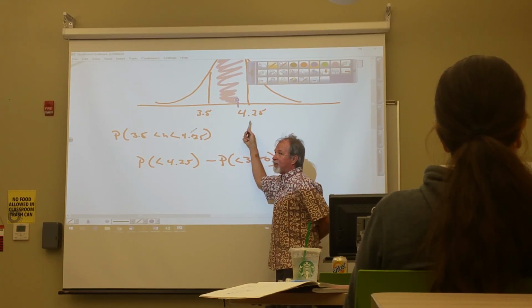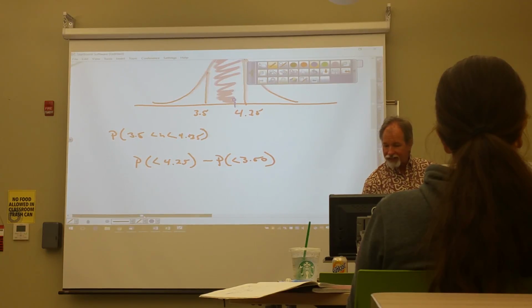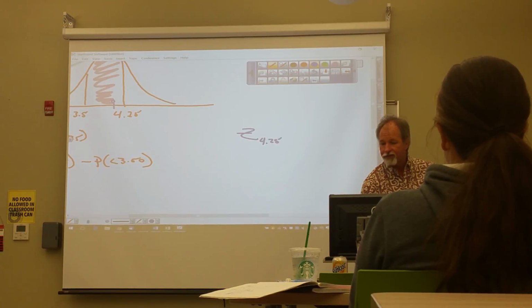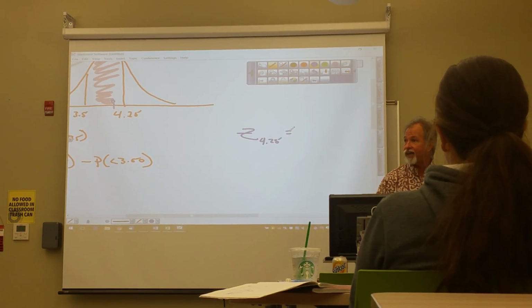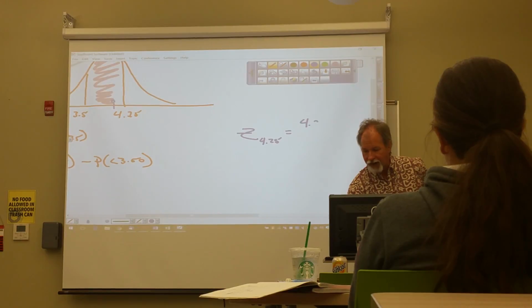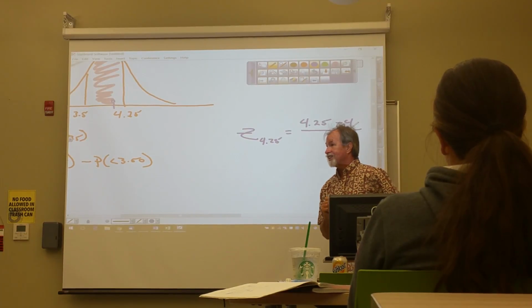So we have to be able to convert these. So I've got to go out and find some z-scores. So I need to find the z-score related to 4.25. How do I calculate that? Z-scores are always calculated the same way. 4.25 minus 4, divided by 0.3.